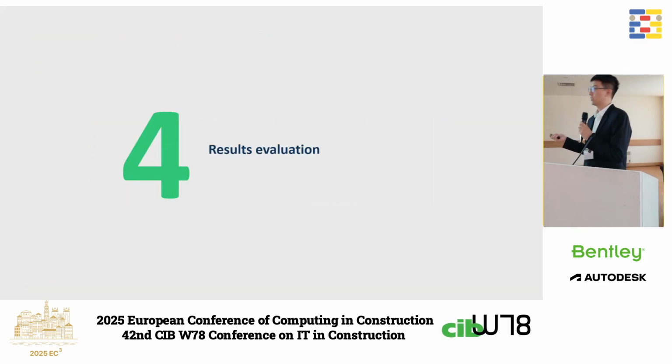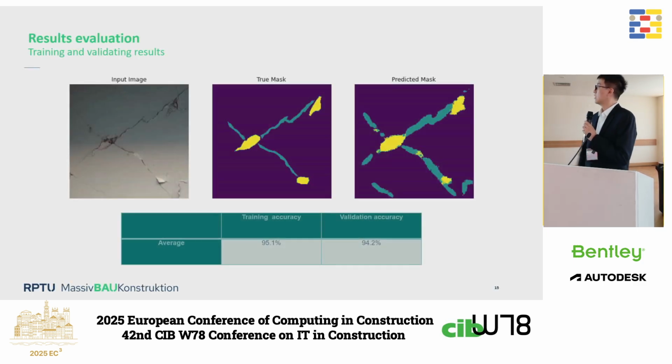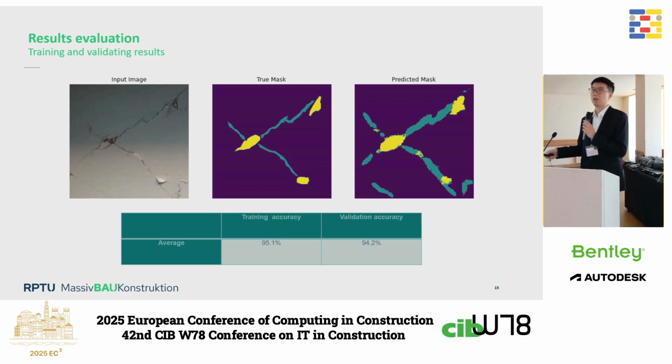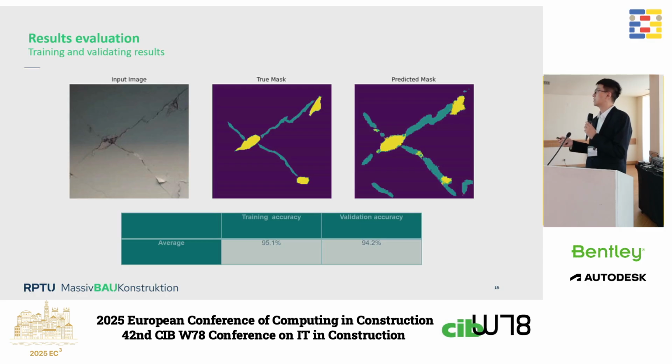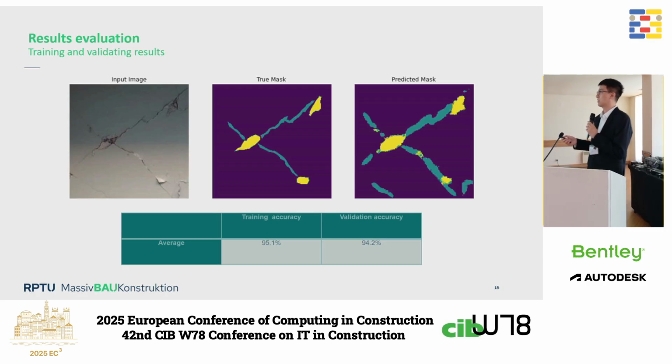Then I will show you the results and the evaluation. This is our input image and this is the true mask, which is labeled by our annotator, and this is our predicted mask. You can see that the predicted mask shows quite good results.